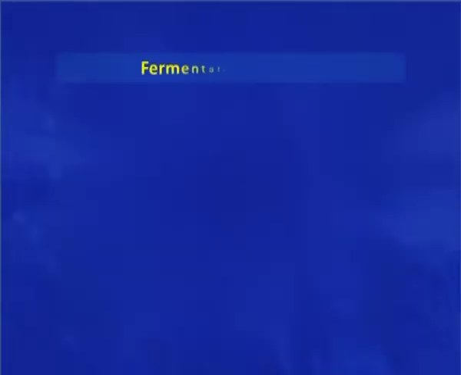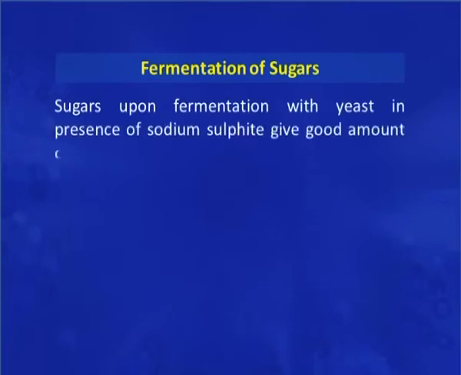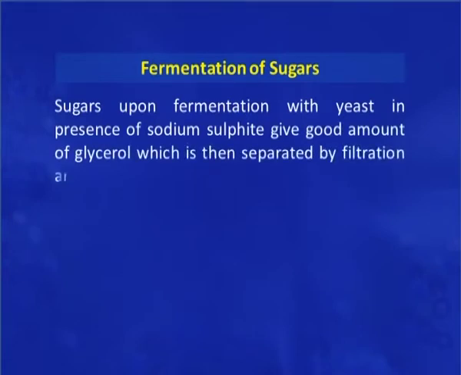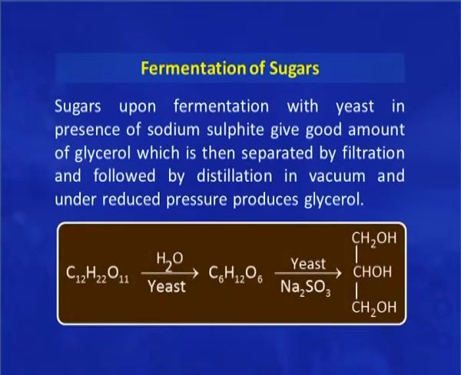Glycerol can also be prepared by the fermentation of sugar. Sugars, upon fermentation with yeast in the presence of sodium sulphite, give a good amount of glycerol, which is then separated by filtration and followed by distillation in vacuum under reduced pressure.